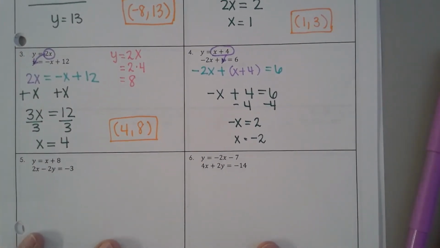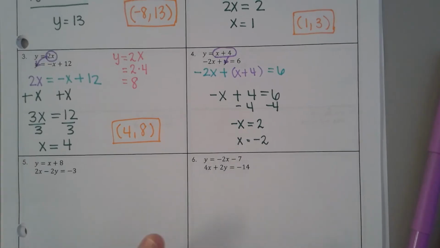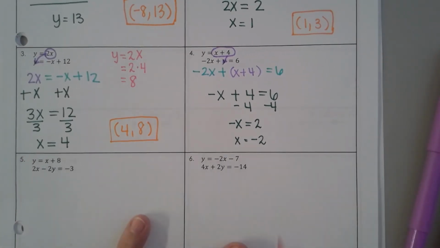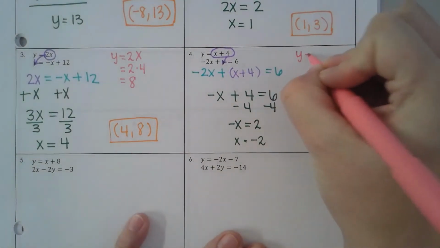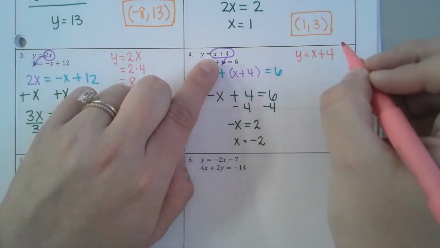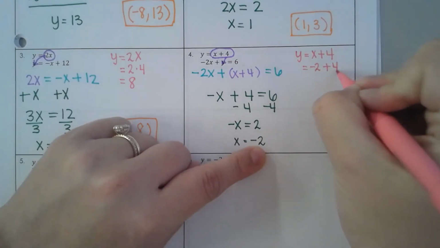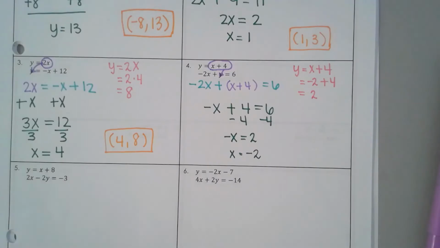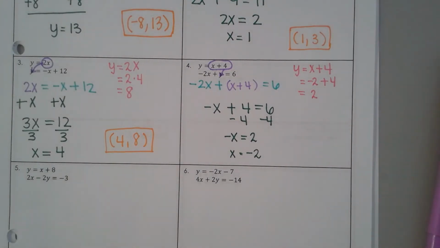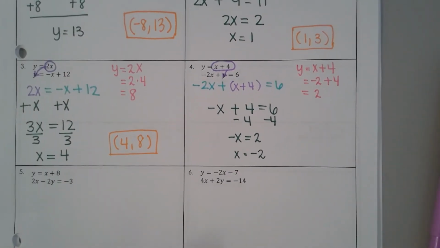Do we have the y? No. We have the formula to get the y, but we don't actually have the y yet. So y is x plus 4, and I know that x is negative 2. Negative 2 plus 4 is 2.